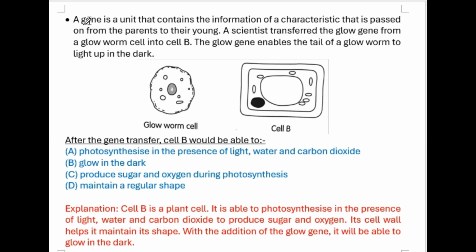A gene is a unit that contains the information of a characteristic that is passed on from the parents to their young. A scientist transferred the glow gene from a glowworm cell into cell B. The glow gene enables the tail of a glowworm to light up in the dark.